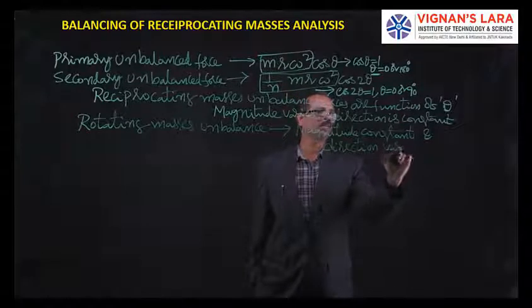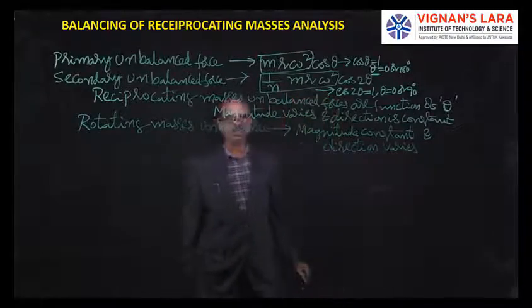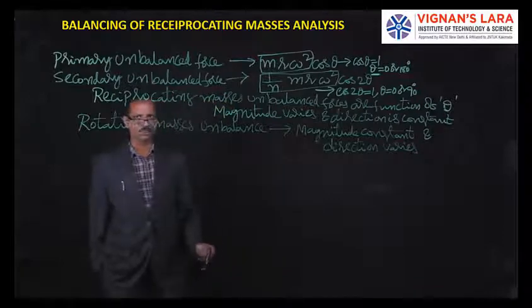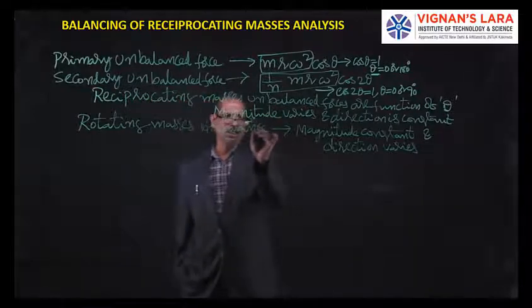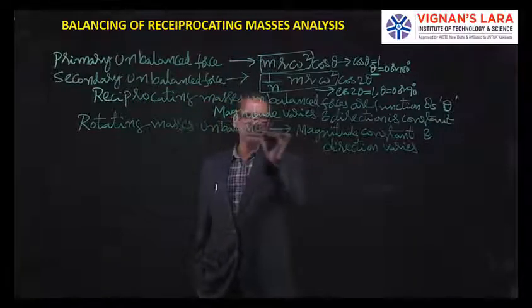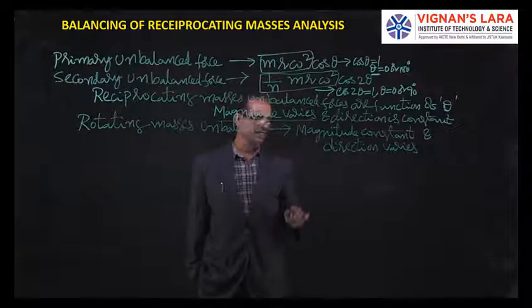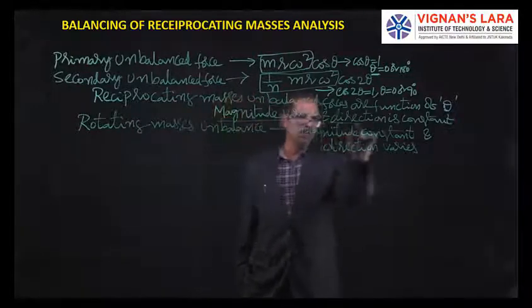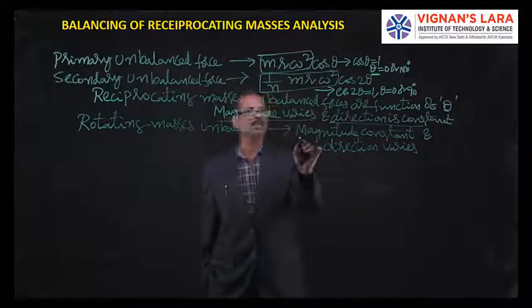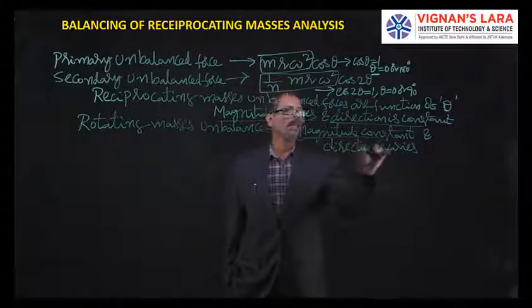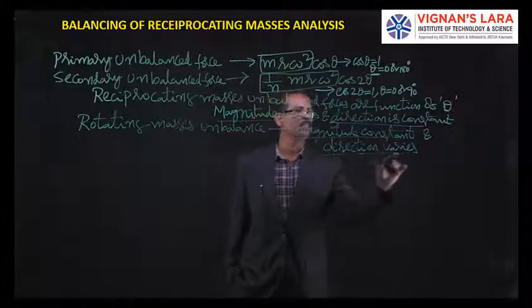That is the difference between reciprocating masses unbalance and rotating masses unbalance. In reciprocating masses, the unbalanced force magnitude varies but the direction is constant, whereas in rotating masses the magnitude is constant but the direction varies.